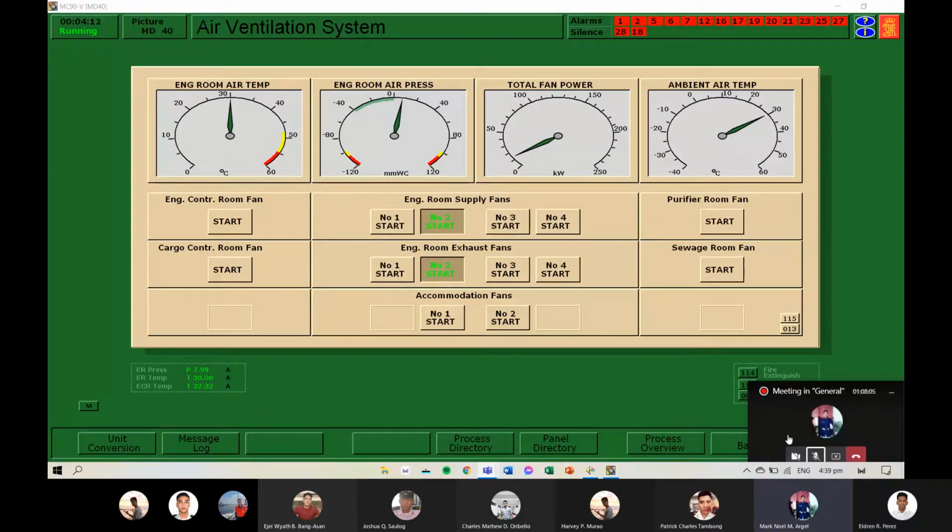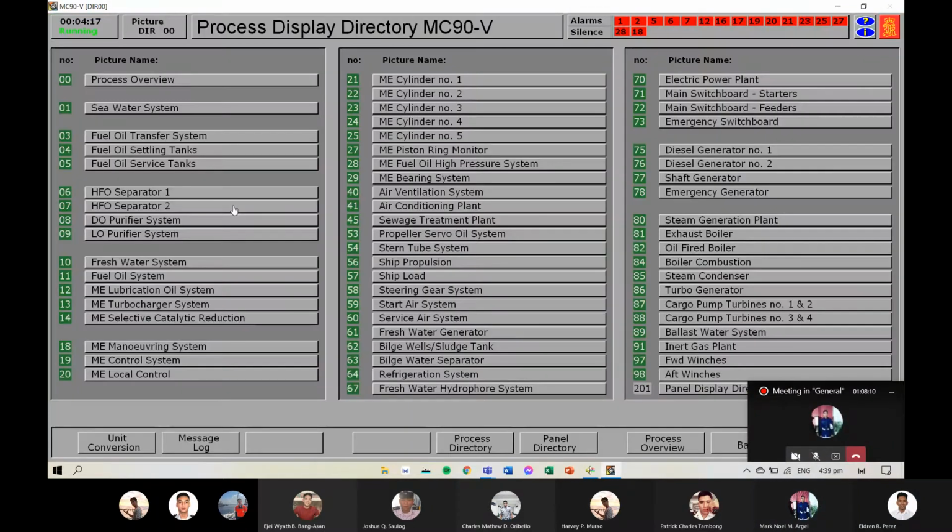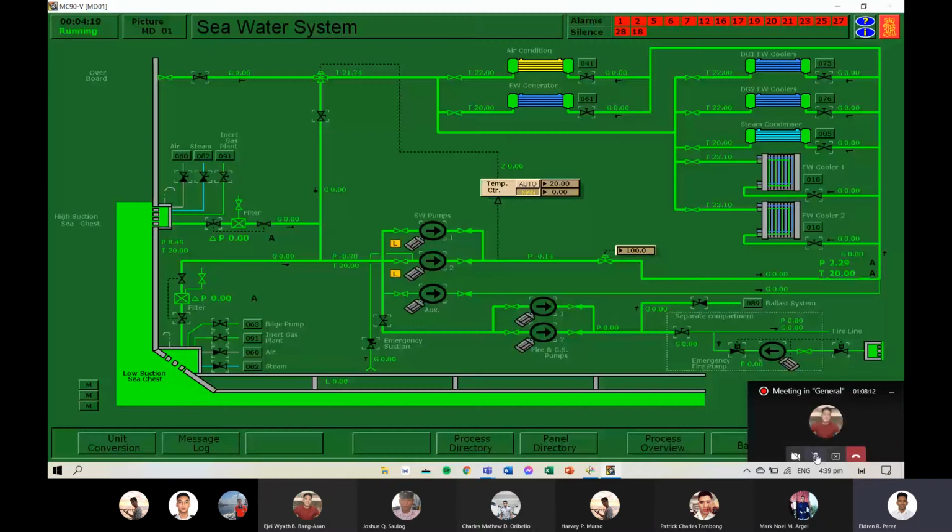Chief Engineer Perez, sir. Go to Directory 1, seawater system. Done. Open the seawater overboard valve. Done. Open the low suction C chest inlet valve.